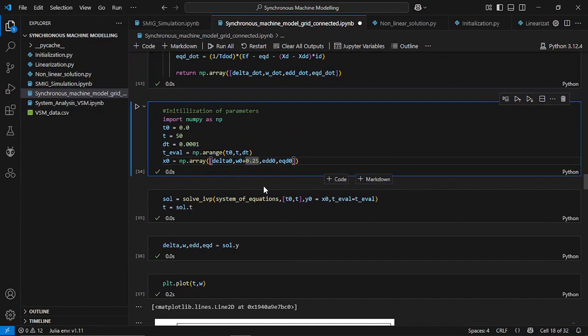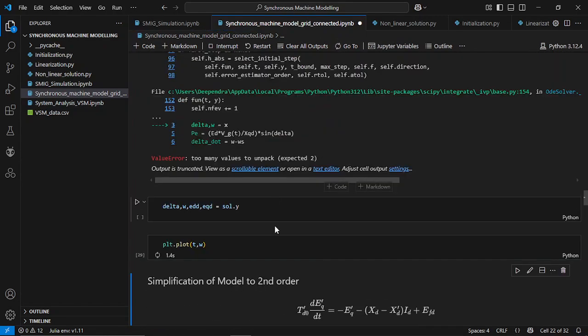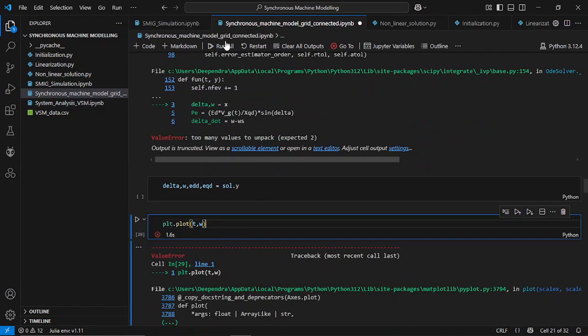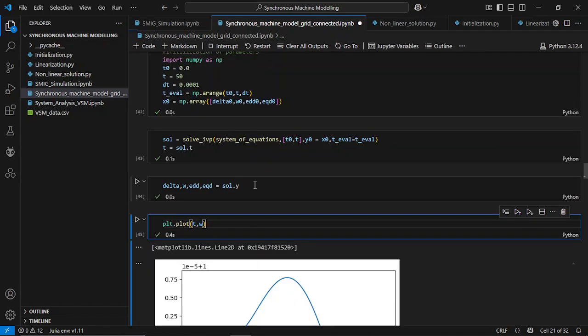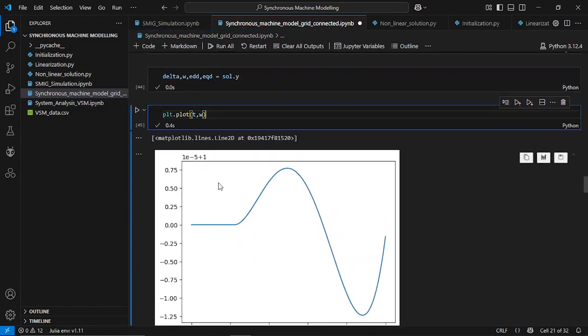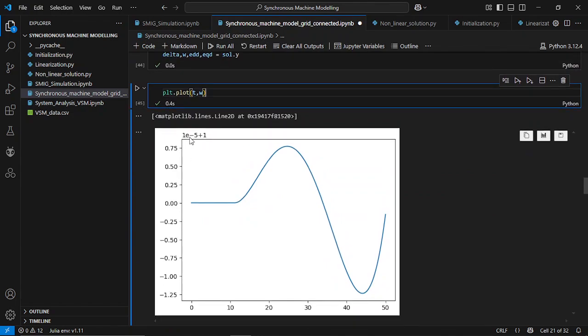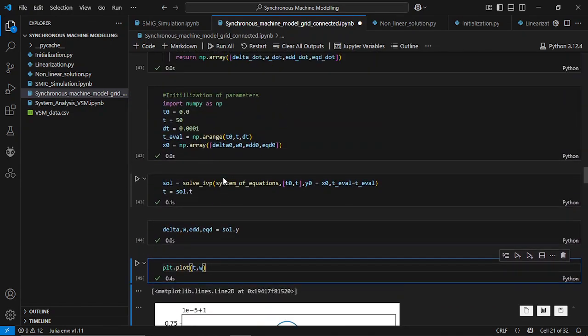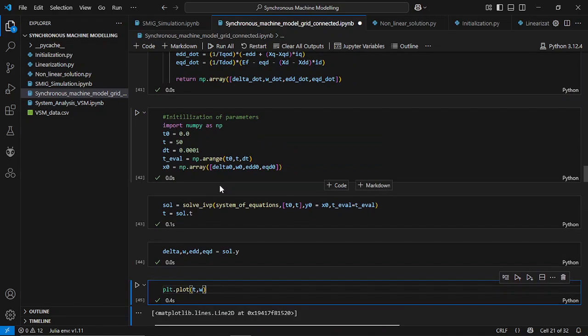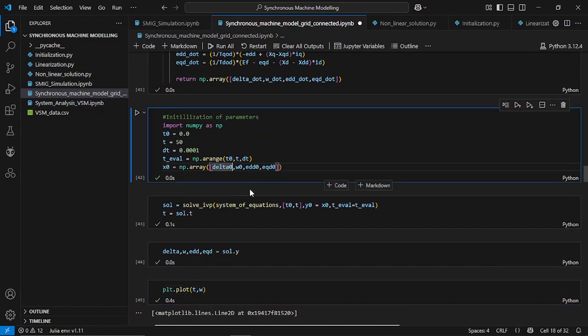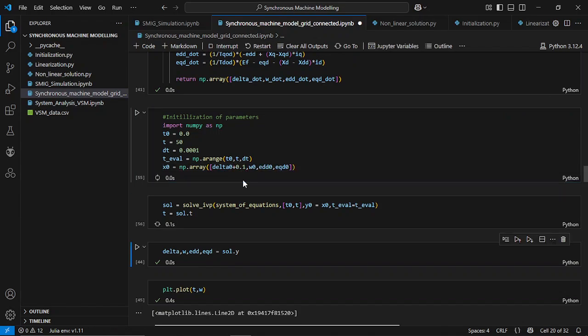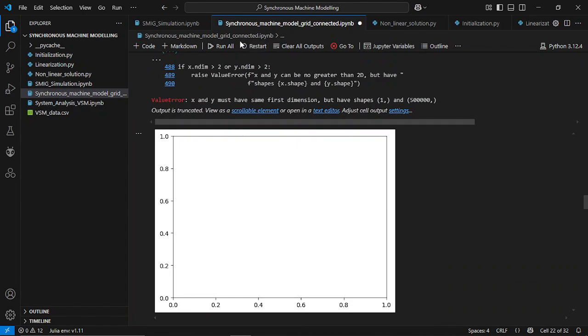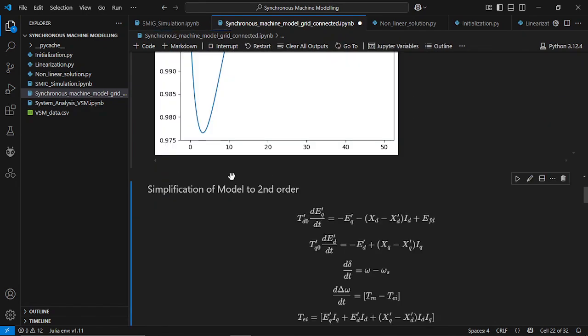Okay, so if I continue with some initial value here, then sorry, I have to run it for this. Some initial value, this is a very small value, 1e to the power minus 5, so it is not changing at all. But when I add some small amount of disturbance, like if I change the power angle by some value, let's say 0.1, this is the perturbation, and sorry, I have to run it for this because I have a lot of variables defined here.